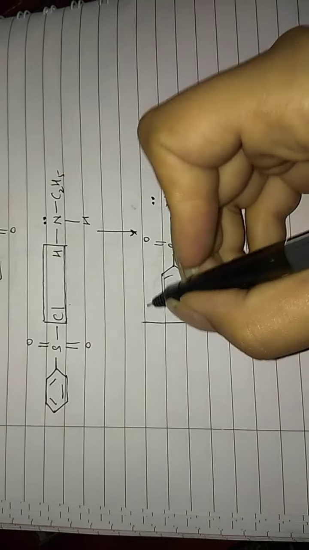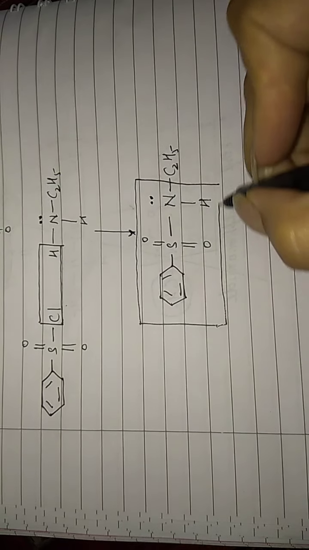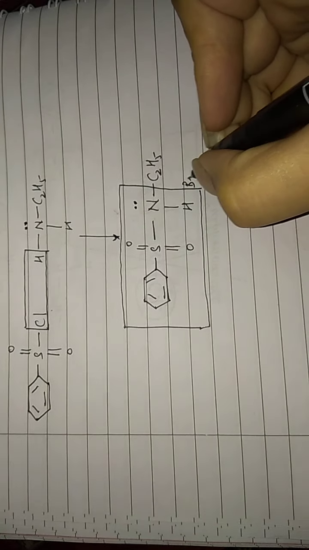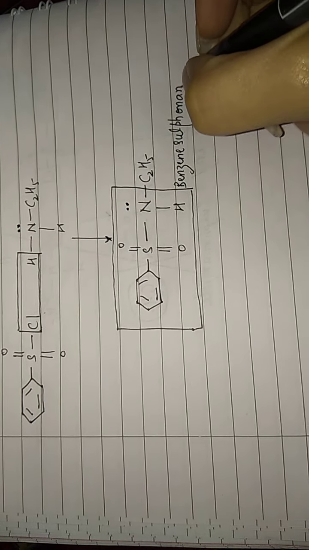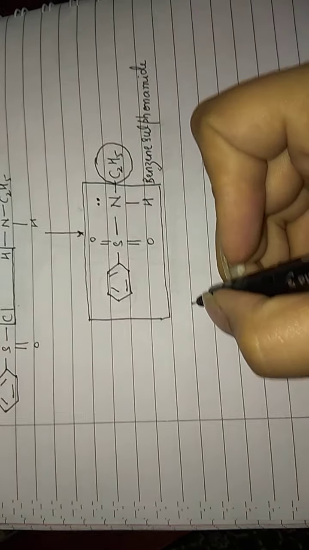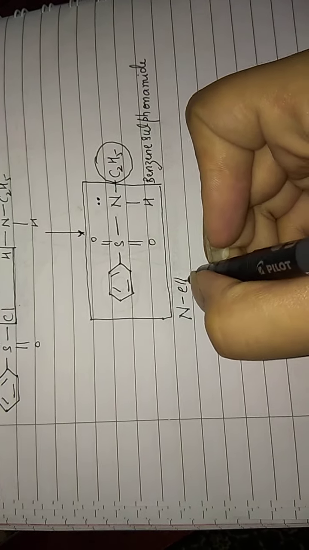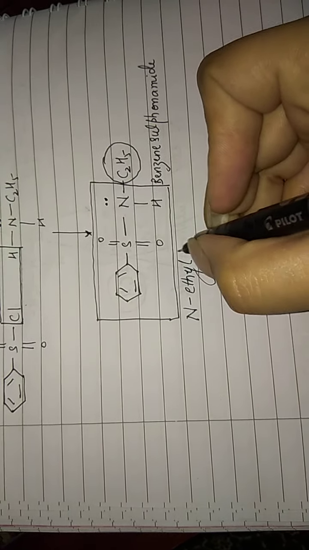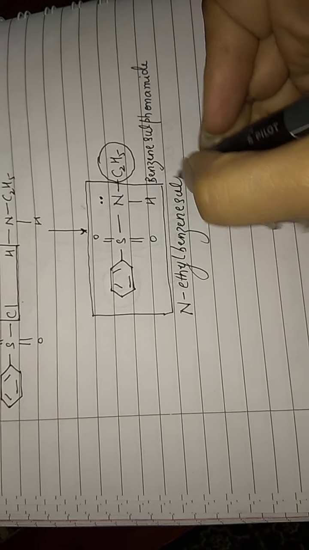Now this particular group is called benzene sulfonamide, and over the nitrogen atom I have one substituent, an ethyl substituent. So this whole compound will be called N-ethyl benzene sulfonamide.